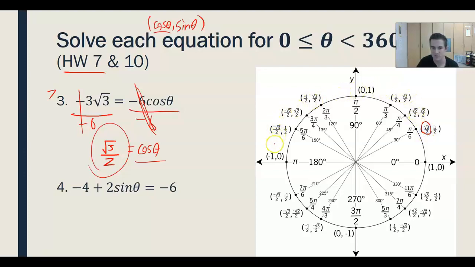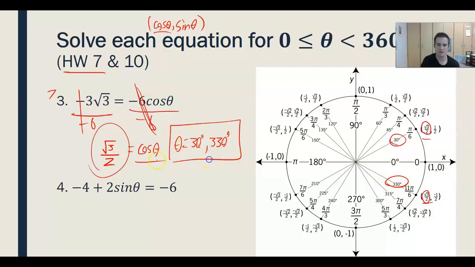Here's a negative square root of 3 over 2, negative square root of 3 over 2. Here's a positive square root of 3 over 2. So the angles for which the cosine of those angles is the square root of 3 over 2, those angles are 30 degrees and 330 degrees. Those are my solutions.